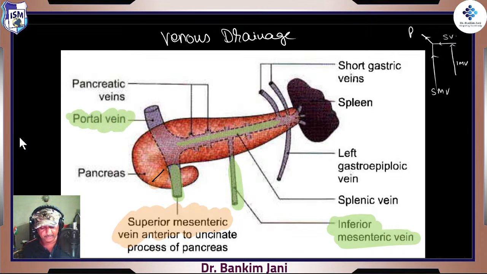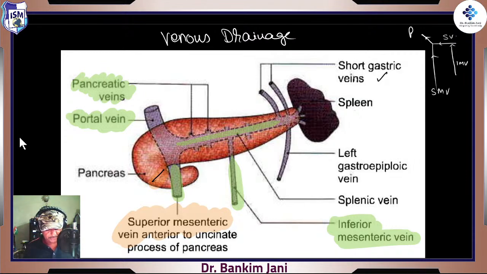From splenic, draining into the splenic vein, these are the pancreatic veins. See, indirectly, what everyone is trying to do, they are telling that, see, these short gastric veins from stomach, right? From spleen, this is already a splenic vein. Pancreatic vein, they will say, okay, from pancreas, they will be draining into it. The idea is send everything to liver.